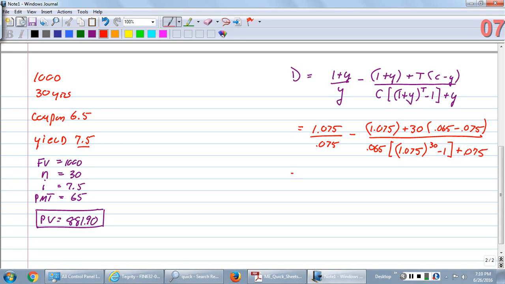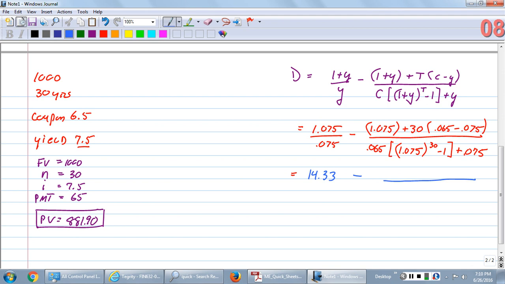Alright, let's do it in stages. 1.075 divided by 0.075 gives me 14.33, minus, let's do the numerator. I'm going to start over with the 6.5. I'll take 0.065 minus 0.075, multiply that times 30, and then add 1.075.